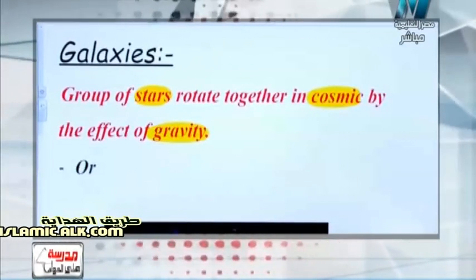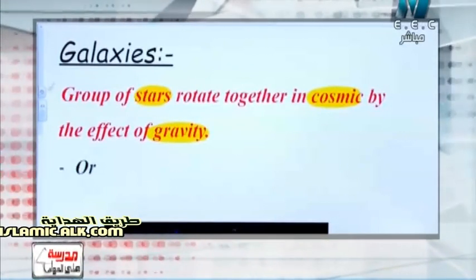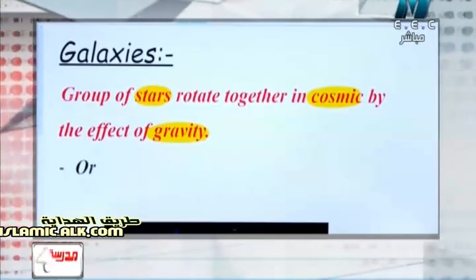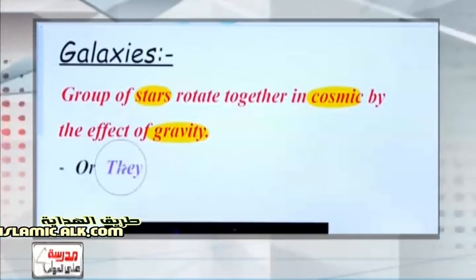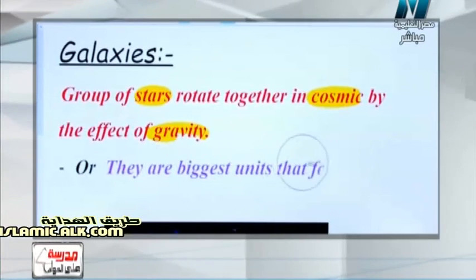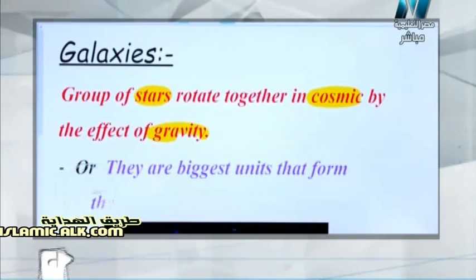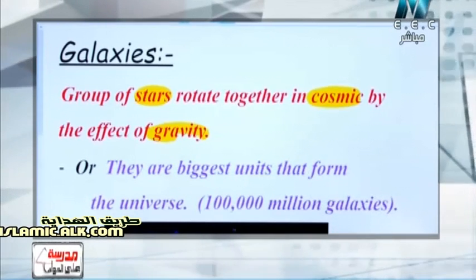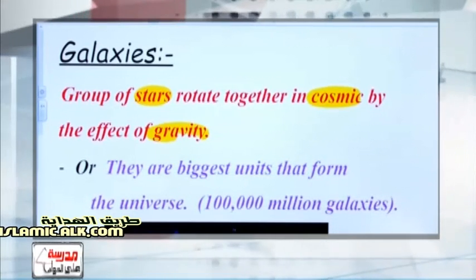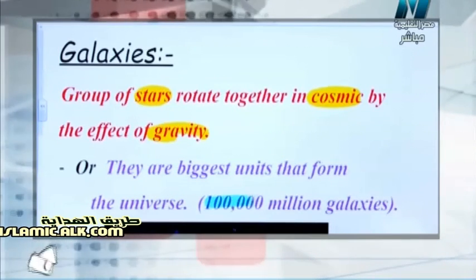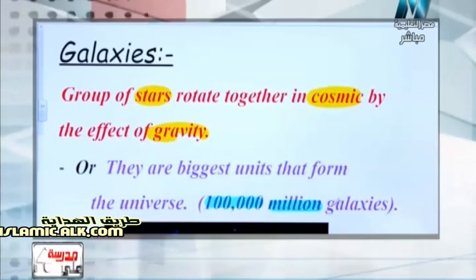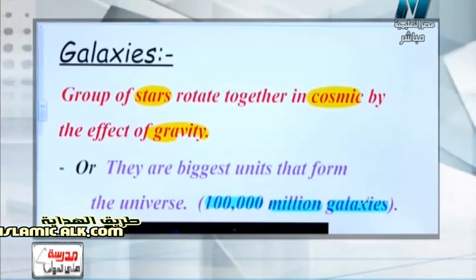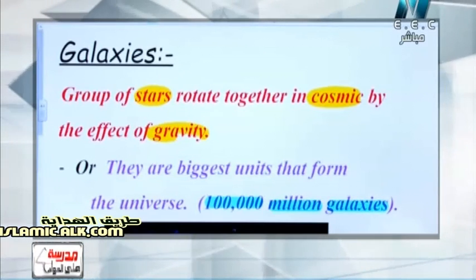Maybe we have another definition of the galaxy. As you see here, or they are the biggest unit that form the universe. We have here a number. This number is very important, as we have 100,000 million galaxies in the universe till now. So we can define galaxies in 2 ways.